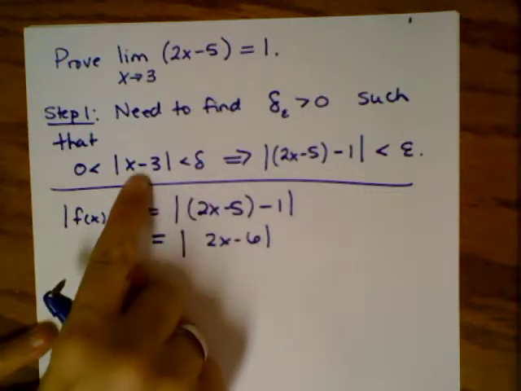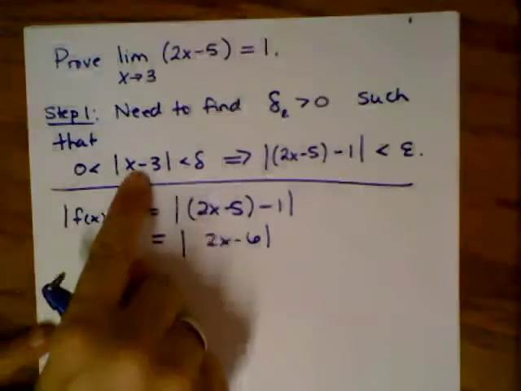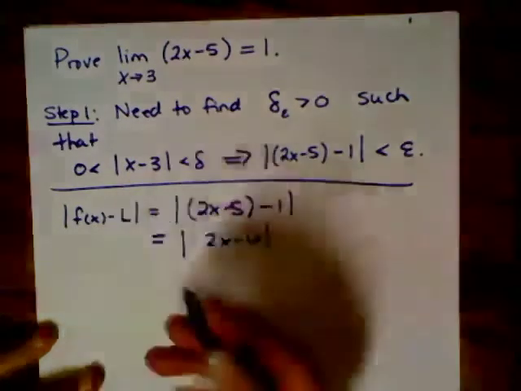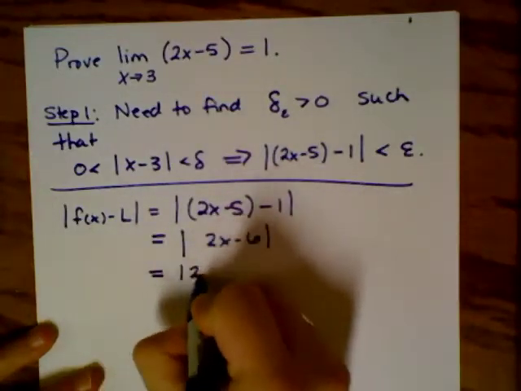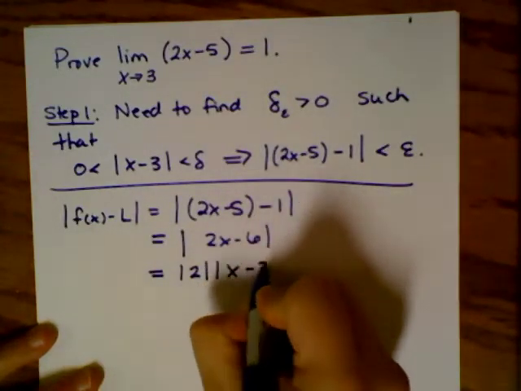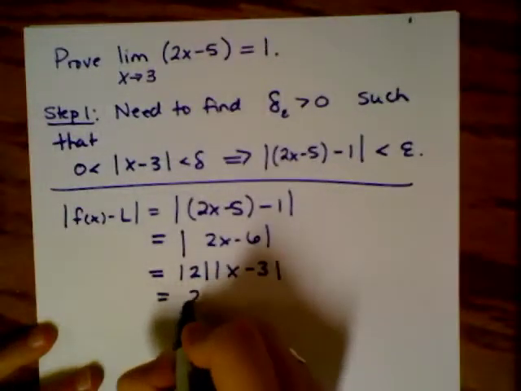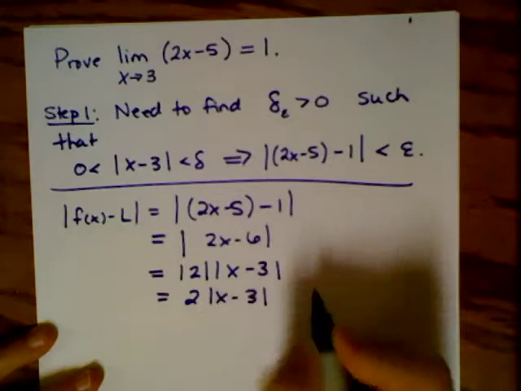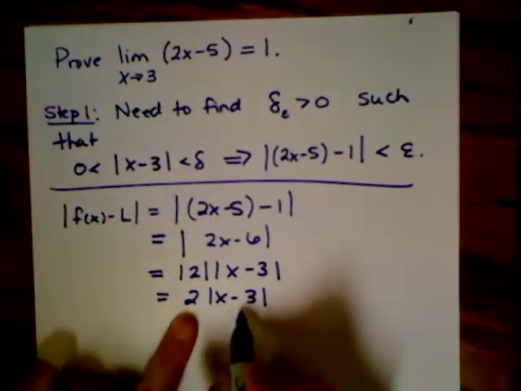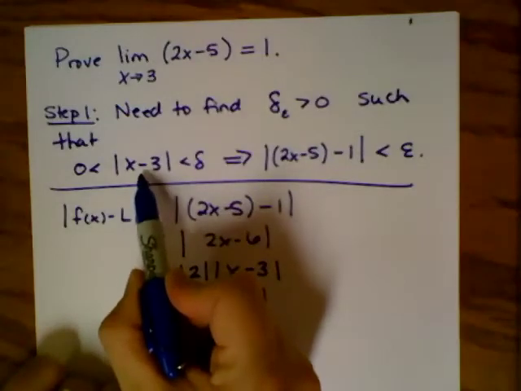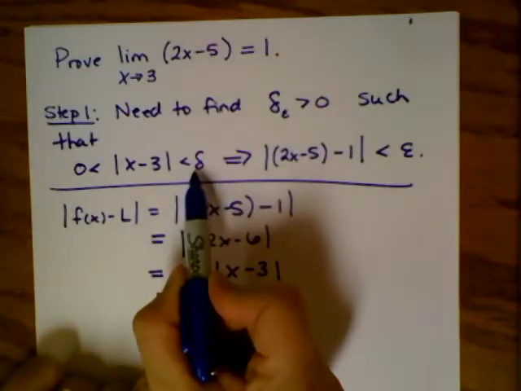Well, I can see a pretty clear connection between x minus 3 and 2x minus 6. This expression down here is twice as big as that difference. So that leads me to factoring out the 2. The absolute value of 2 is just 2. And now I have a product that includes the expression we have control of.